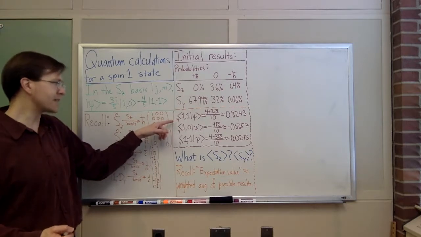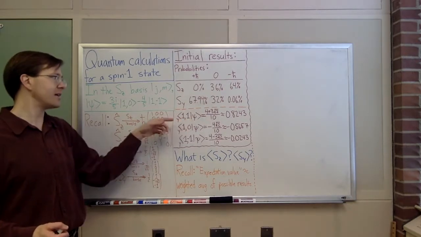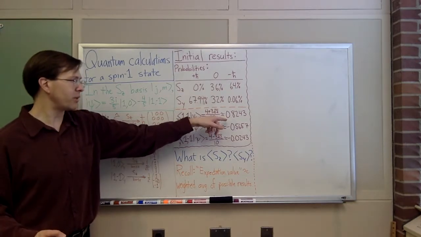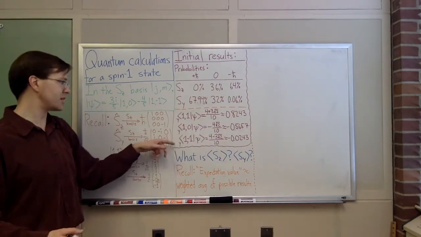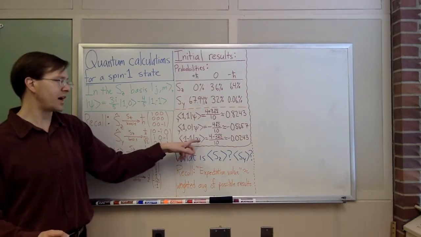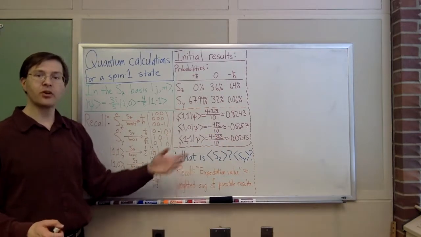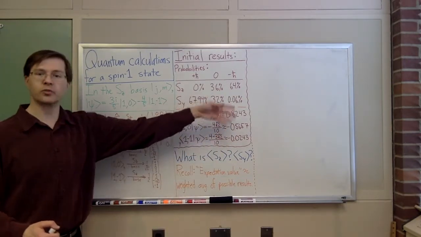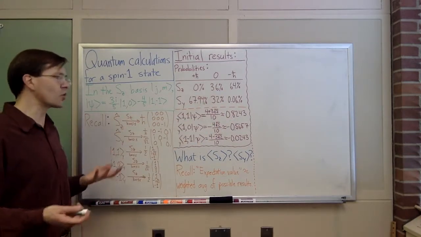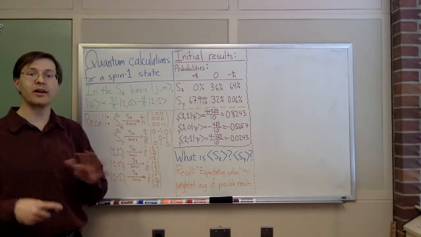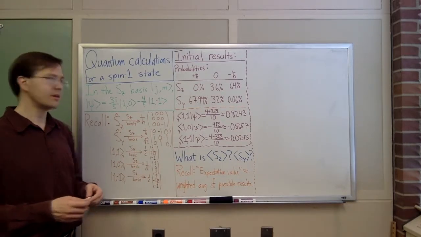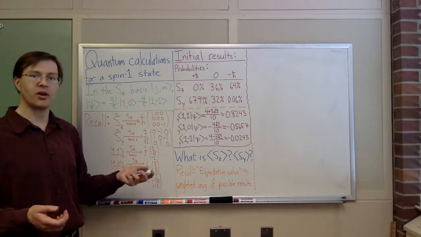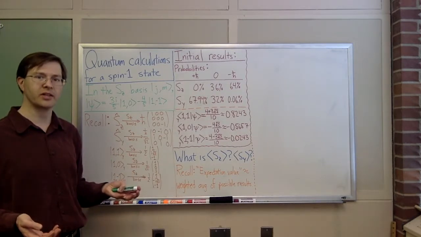The 1, 1 y state bra meeting the psi ket gave us 0.82. 1, 0 y with psi gave us a negative 0.56, and the 1, minus 1 y with psi gave us a negative 0.02, and those each squared give us those 3 results that we had earlier. So that's the source of those things. We've done these calculations. I'm not going to redo them now. I want to have them here just for reference so we can refer back to this and talk about our expectation values and how we're going to do those calculations.